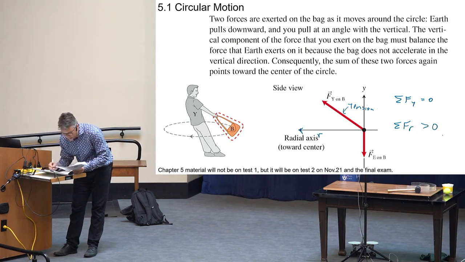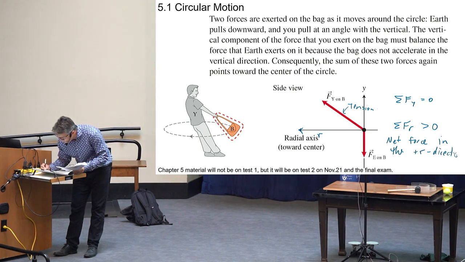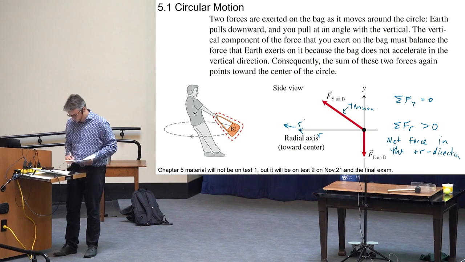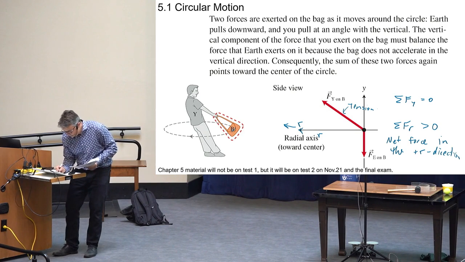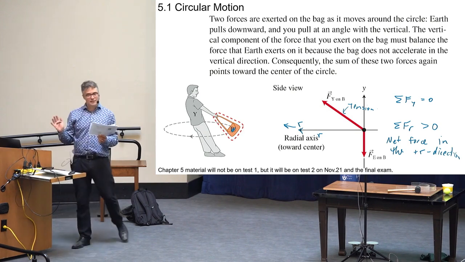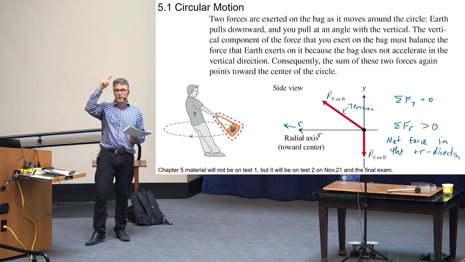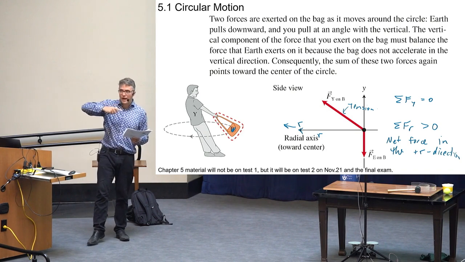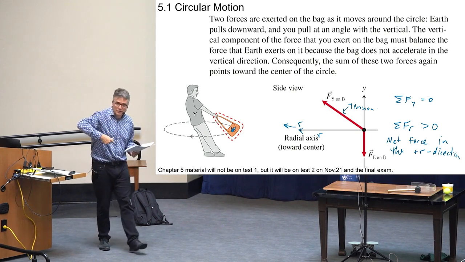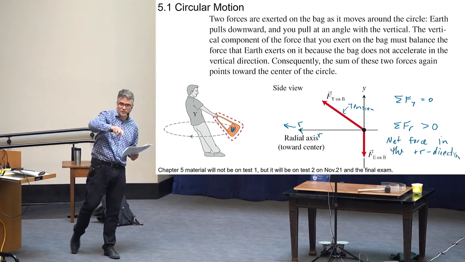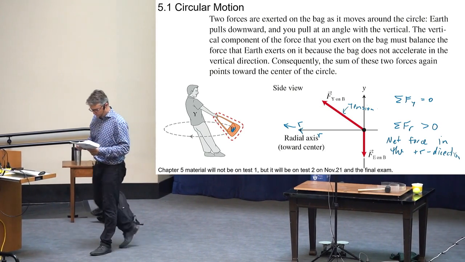You're pulling it in the r direction, so there's a net force in the plus r direction, if r is this axis towards the left, for this particular point in the path. So it's a little weird. You've got y, which is just up, but now you've got the r direction, which is always changing and is always towards the center of the circular path.